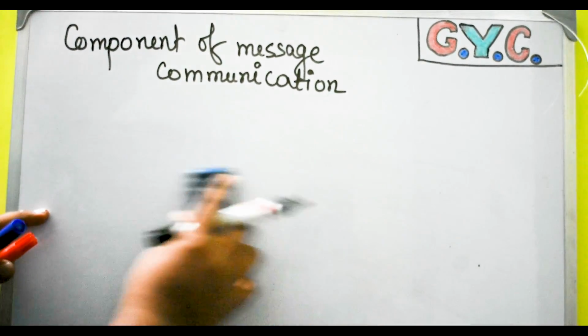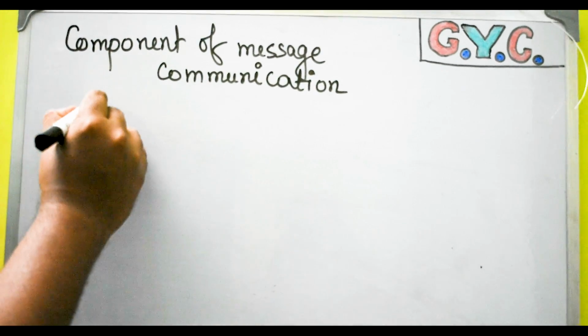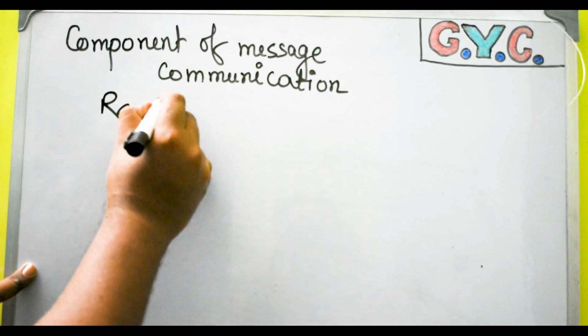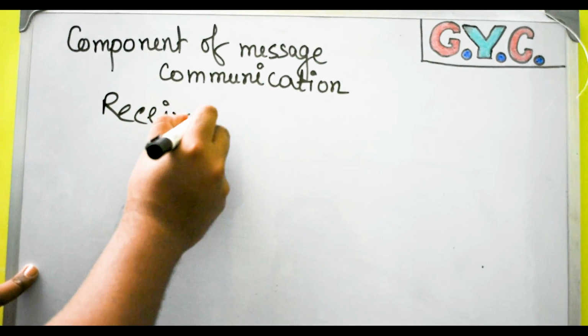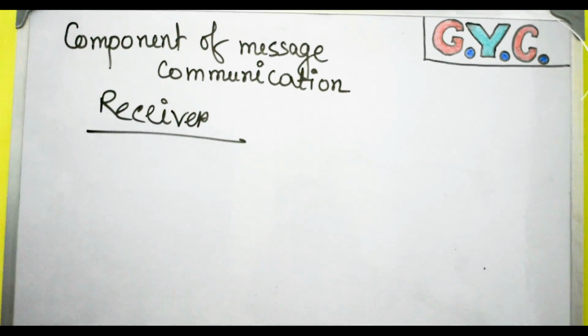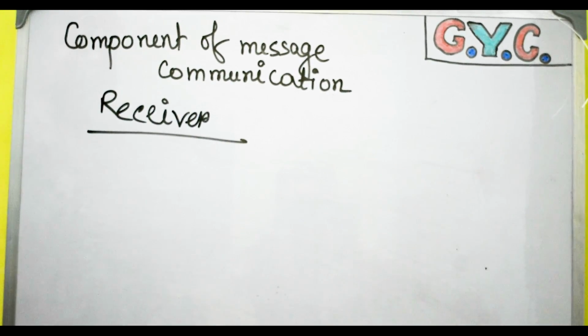Now as we got the sender, the next thing that we need is receiver. Think a little bit about the receiver. Why do we need a receiver as a component of message communication?